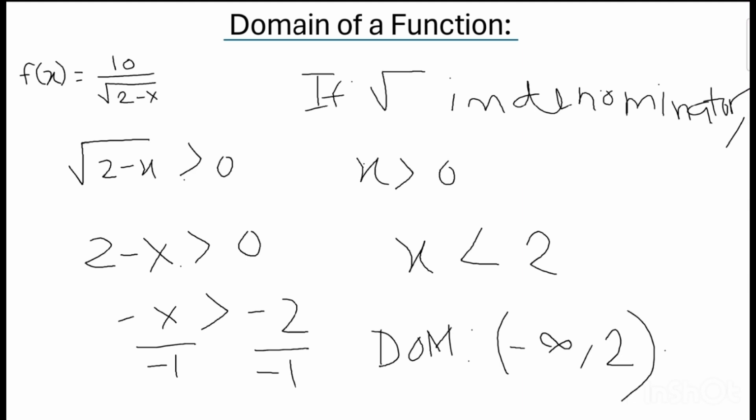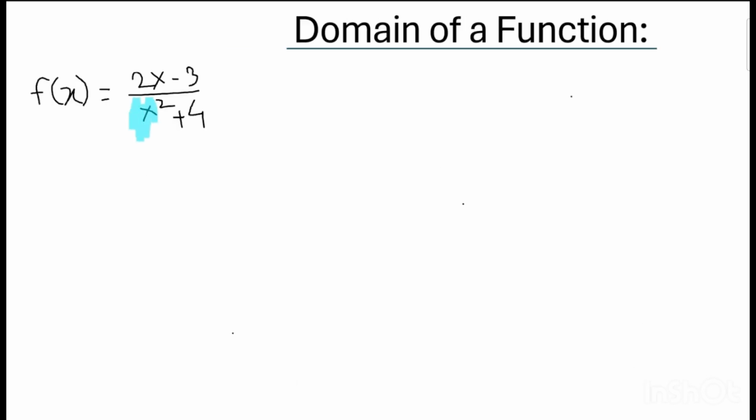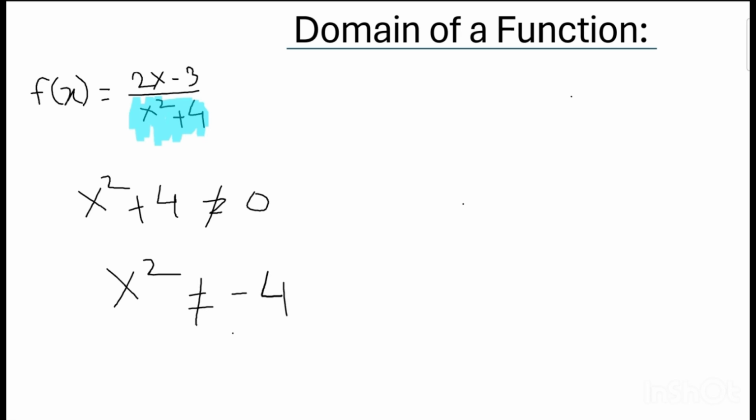Adding a parenthesis means that the number is not included. In this example, x squared plus 4 is our denominator. So we have to put x squared plus 4 is not equal to 0 to find the value of x. Subtracting 4 from both sides, we get x squared is not equal to negative 4.